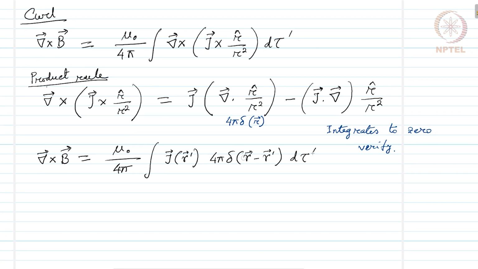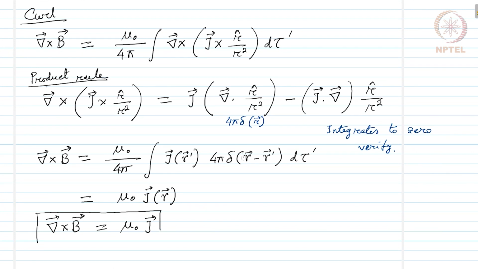If we do that, then this integration is going to give us a result provided r prime equals r, and 4 pi and 4 pi here and there will cancel, that will give us mu naught j, that is a function of r vector and not r prime vector. That is the result we will obtain from this. And this result, that curl of B is mu naught j, is known as the Ampere's law.